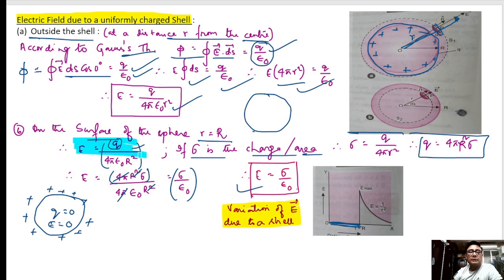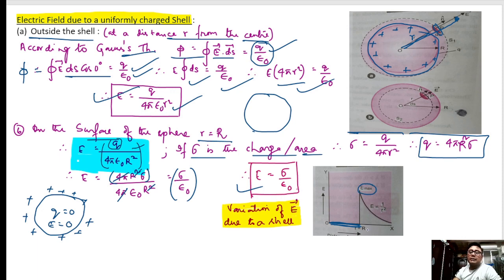This is the electric field on the surface of the spherical conductor. Okay. And outside the shell is this formula. So we can see that from 0 to R there is no electric field. At R suddenly it becomes maximum.